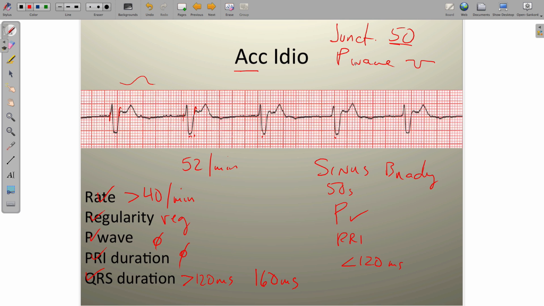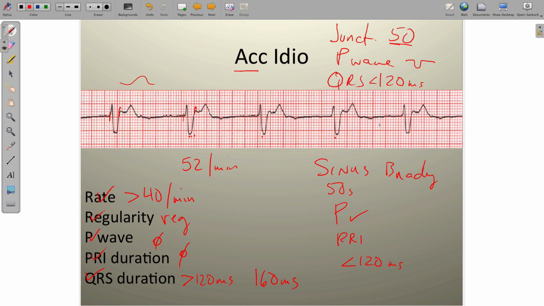P wave absence in junctional rhythm is not going to give us what we want, but the inverted P wave will allow us to differentiate the junctional from accelerated idioventricular. Or if there's a P wave, it's going to allow us to differentiate it from sinus brady and junctional. In addition, if we have a QRS complex here, it's going to be around 120-ish, really less than 100 to 120 milliseconds, and in an accelerated idioventricular, it's going to be wide.